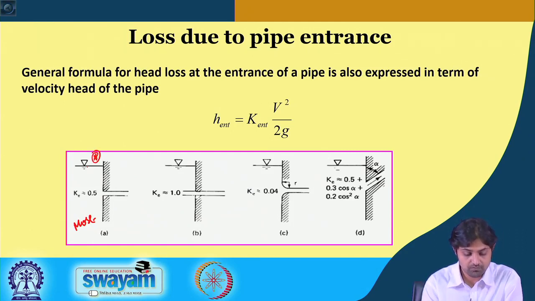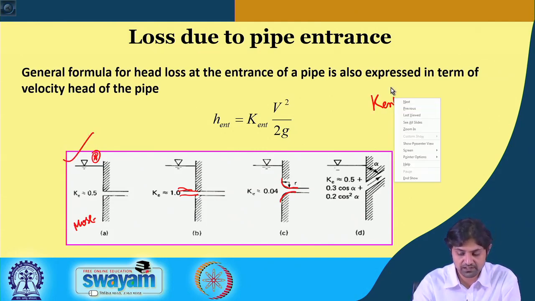You just need to remember this one: for pipe entrance, if nothing is given you have to take K entrance as 0.5. In this case where the pipes are protruding inwards, Ke is going to be 1.0, so all the energy is going to be lost. If there is a smooth curve like this, as you saw in the third one here, it is going to be 0.04, but this is most important. K entrance you have to remember, if nothing else is given, is 0.5.